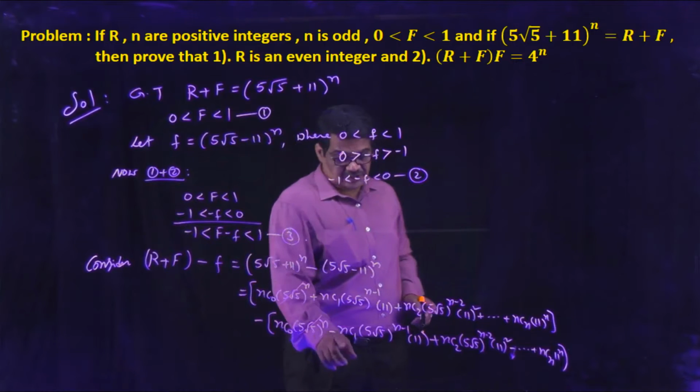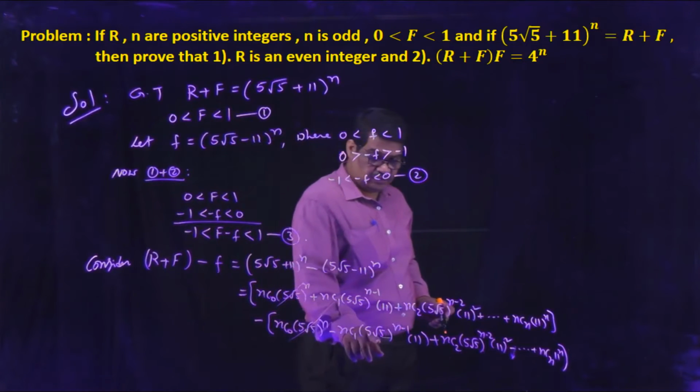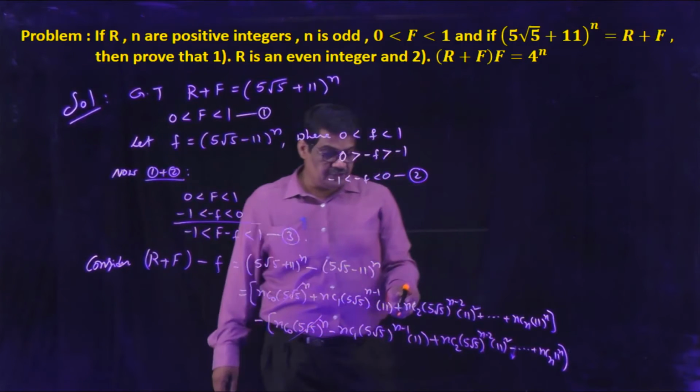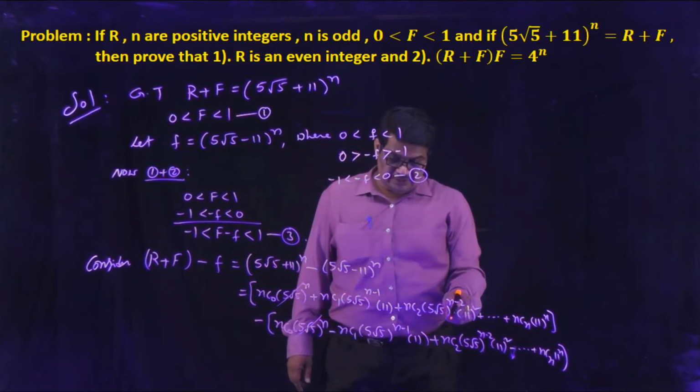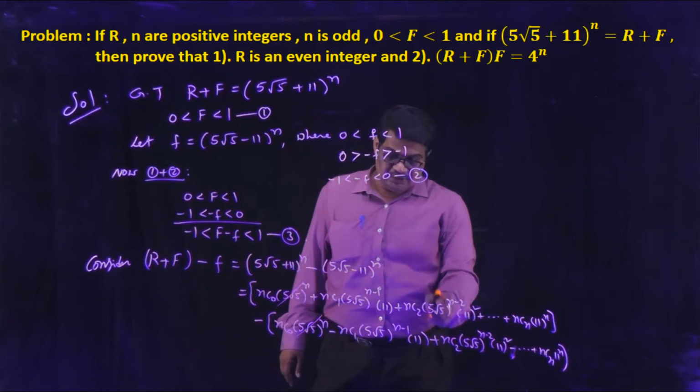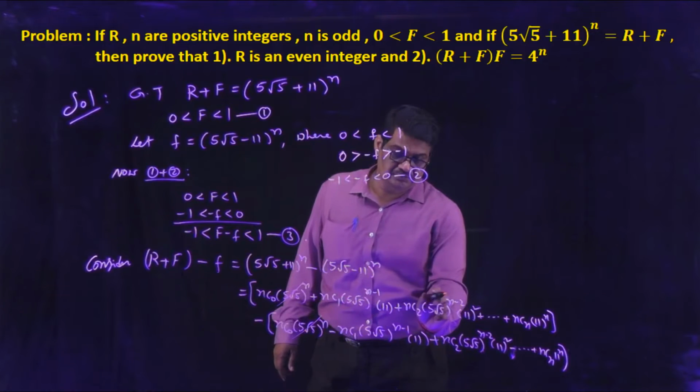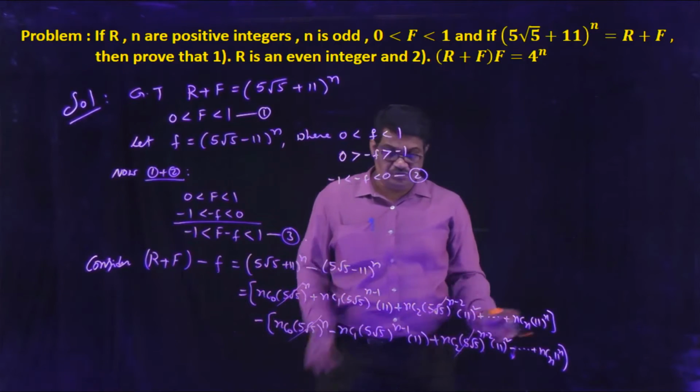Here nC1 (5√5)^(n-1) · 11, then after cancelling the nC2 term, these are like that.